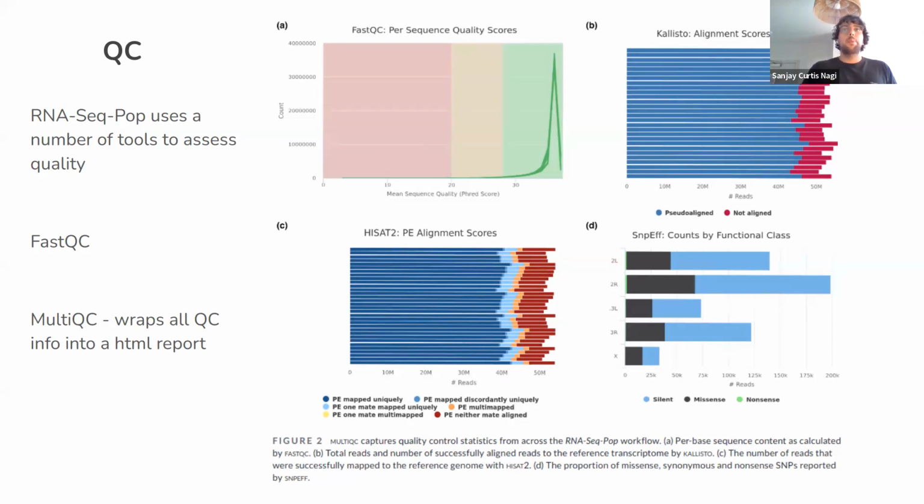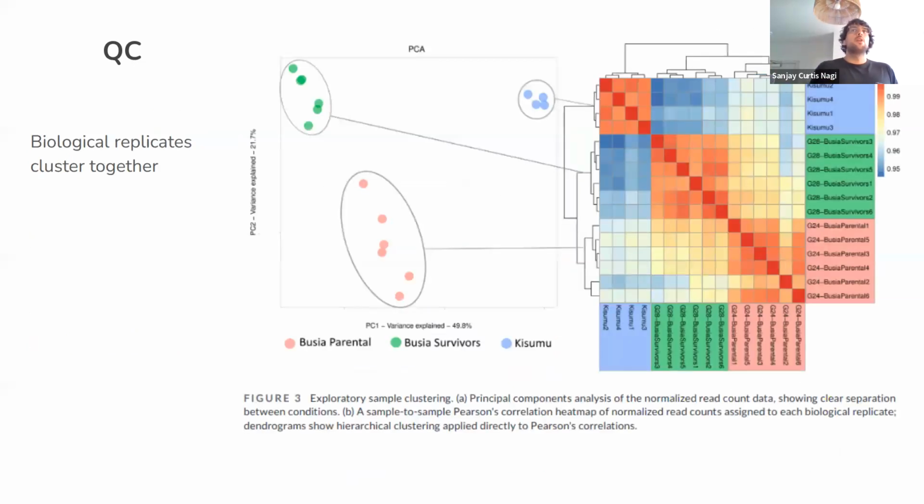One thing that the pipeline will do prior to differential expression is to perform principal components analysis on the normalized read count data. It will also perform hierarchical clustering as well.